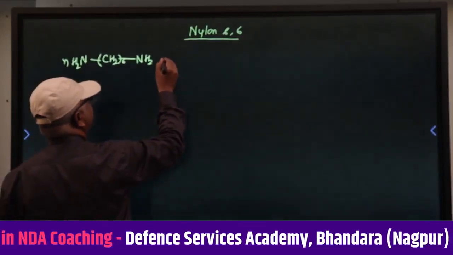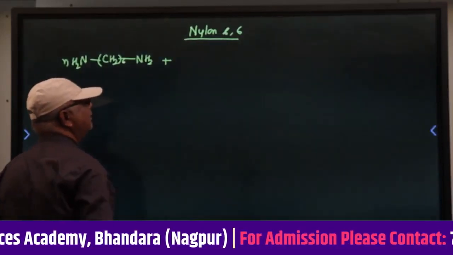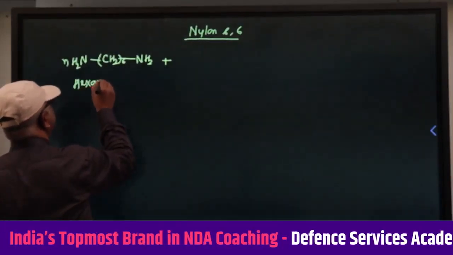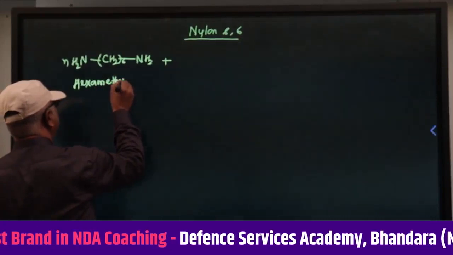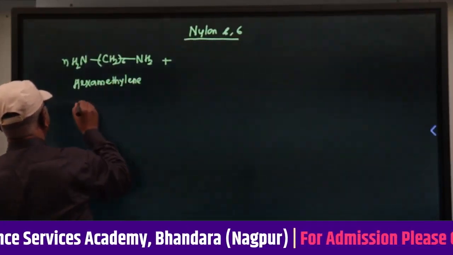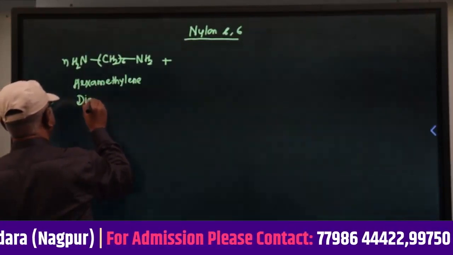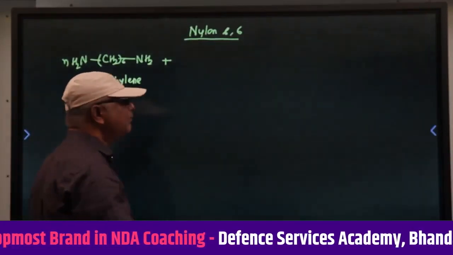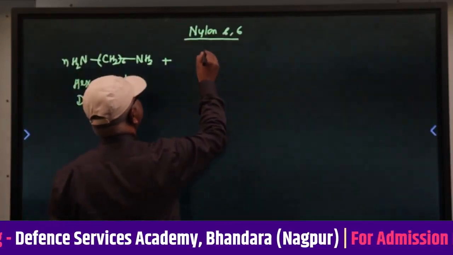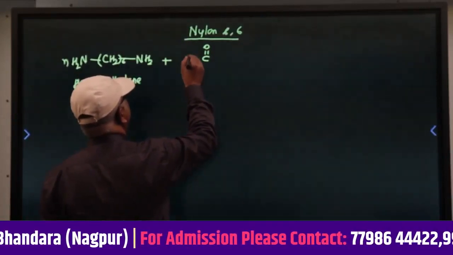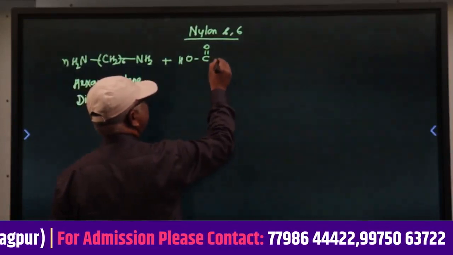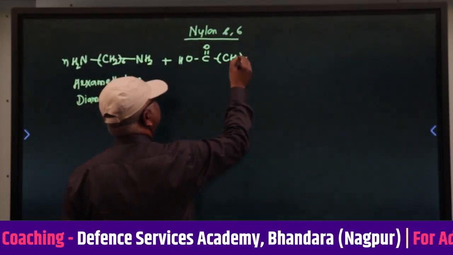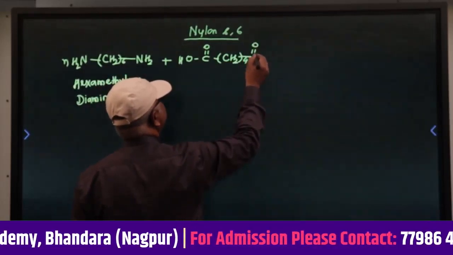So this is hexamethylene diamine. Adipic acid is a dicarboxylic acid, with COOH groups and CH2 by 4 between them.